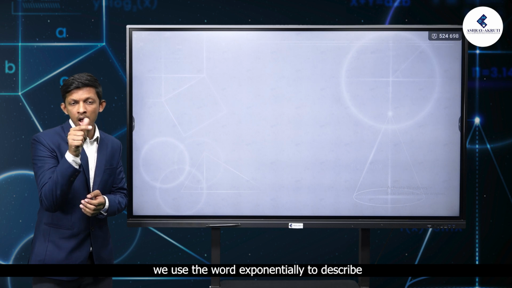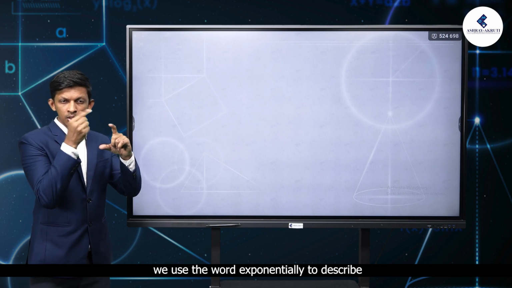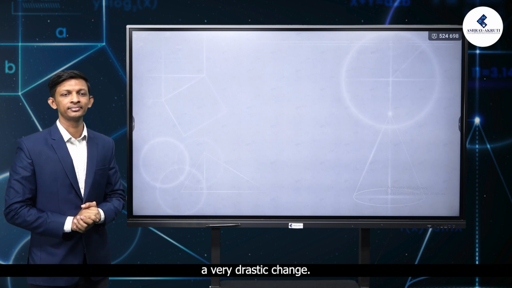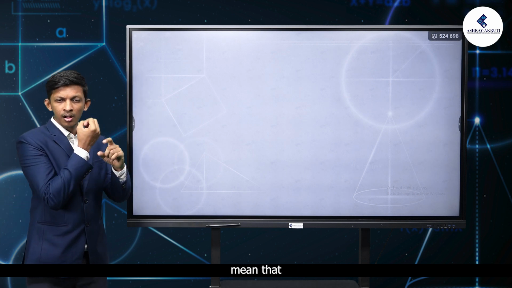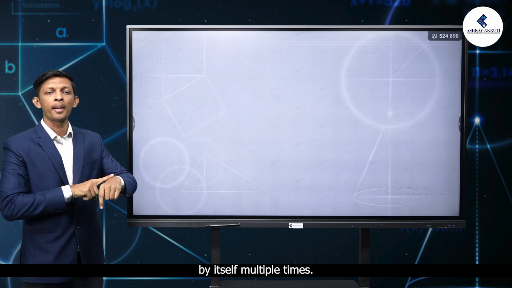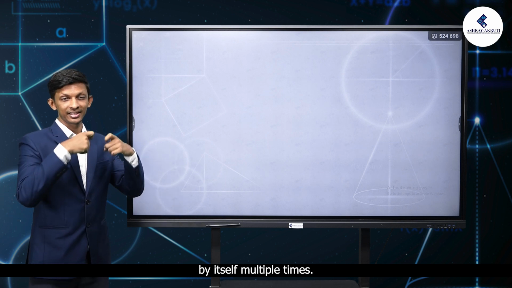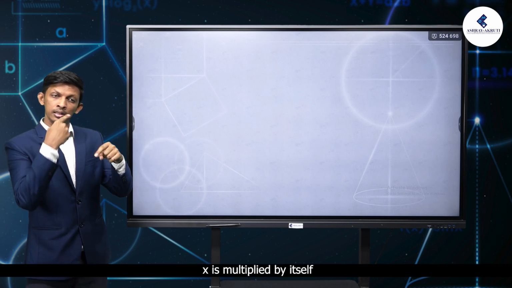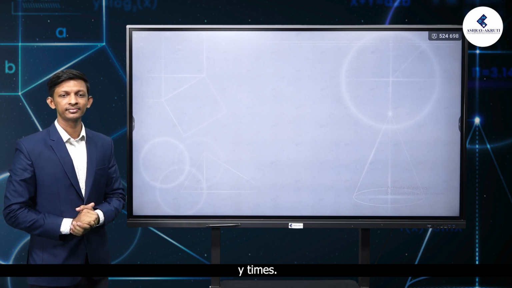Children, we use the word exponentially to describe something that sees a very drastic change. Exponents mean that the number is multiplied by itself multiple times. X raised to y means that x is multiplied by itself y times.